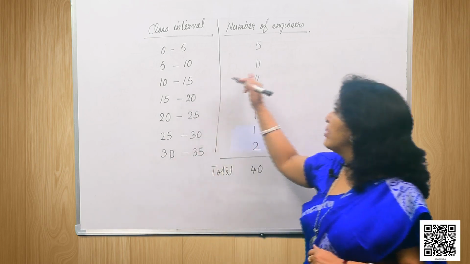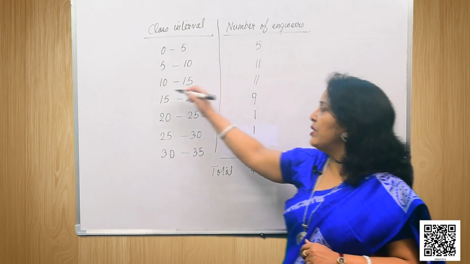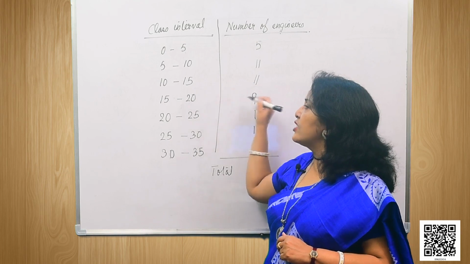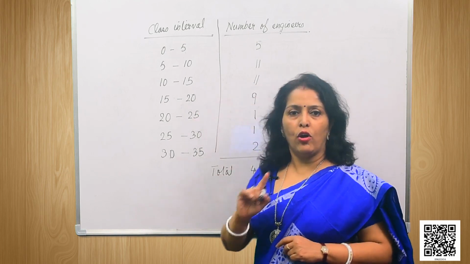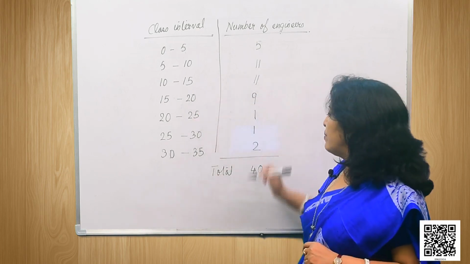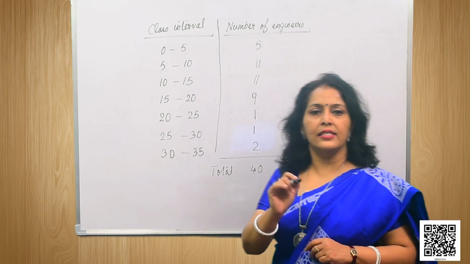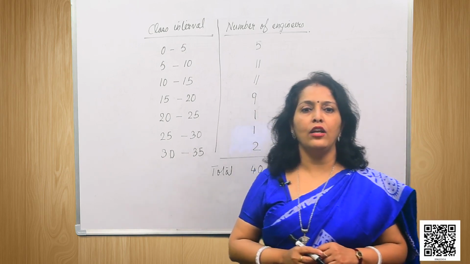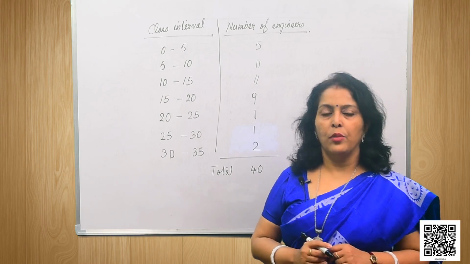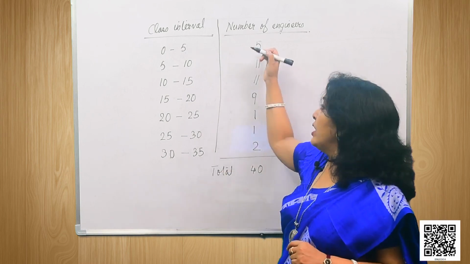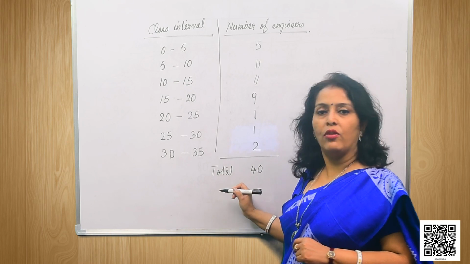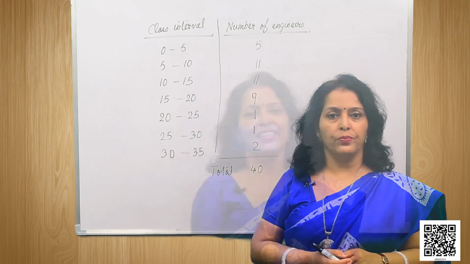As a result I am getting 11 numbers. Similarly, I have made the frequencies of each class, and always note the total should be equal to 40, as it is given in the question that there are a total of 40 engineers. Please do not forget that the total of the frequencies should always be equal to the number given to you.